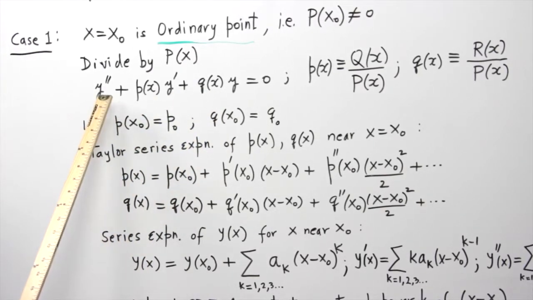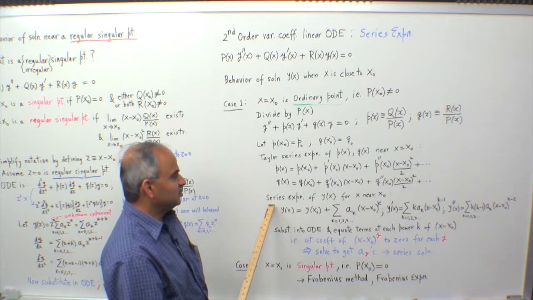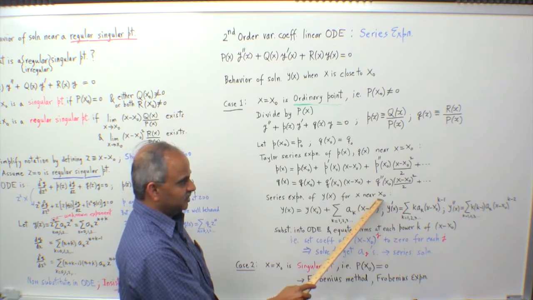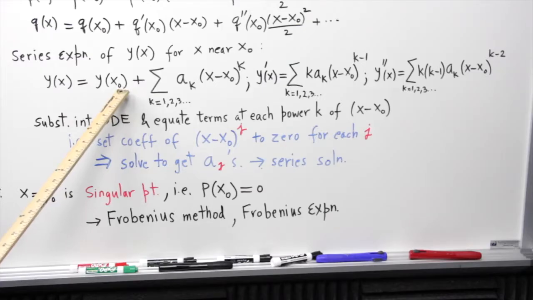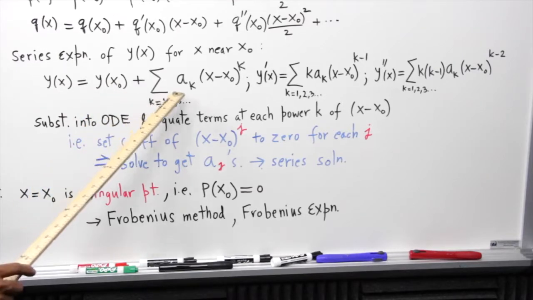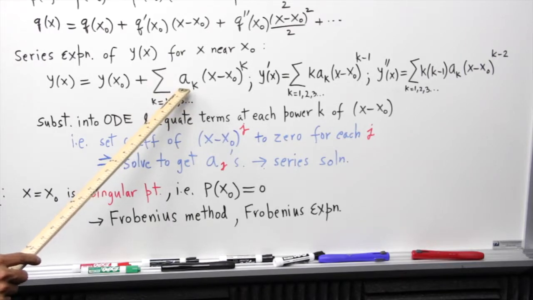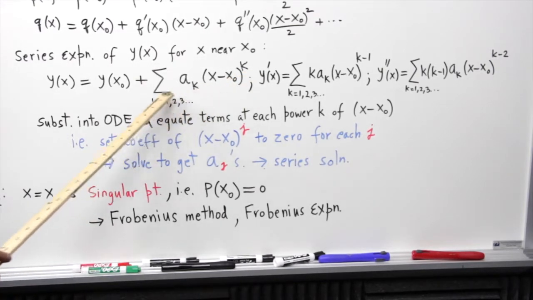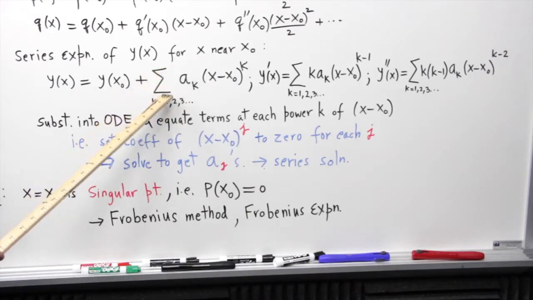The next thing we need to do is to propose a solution for y. We propose a solution for y of x in the region for x near x naught, so we also have a series expansion for y. y is written as y at x naught, its value, plus a series which gives us its variation, where a_k is a coefficient associated with x minus x naught to the power k, and this power series is summed from k equals 1, 2, 3 all the way up to as many terms as you want to go.